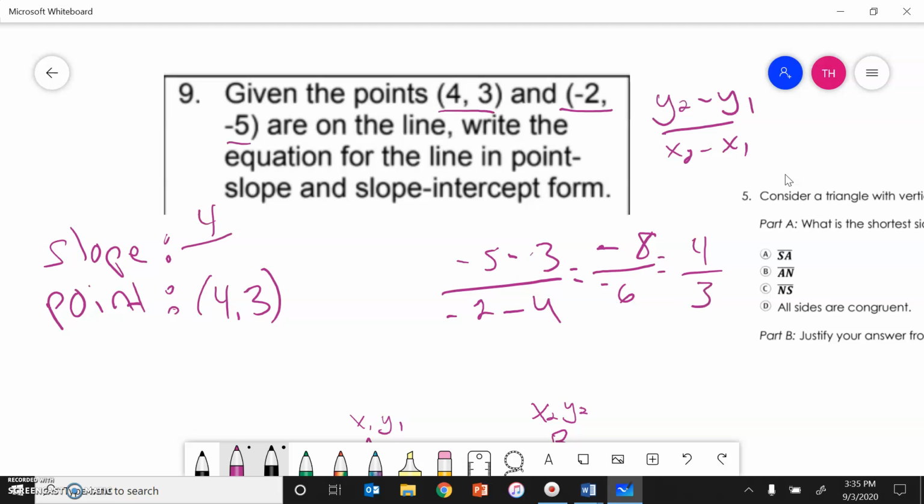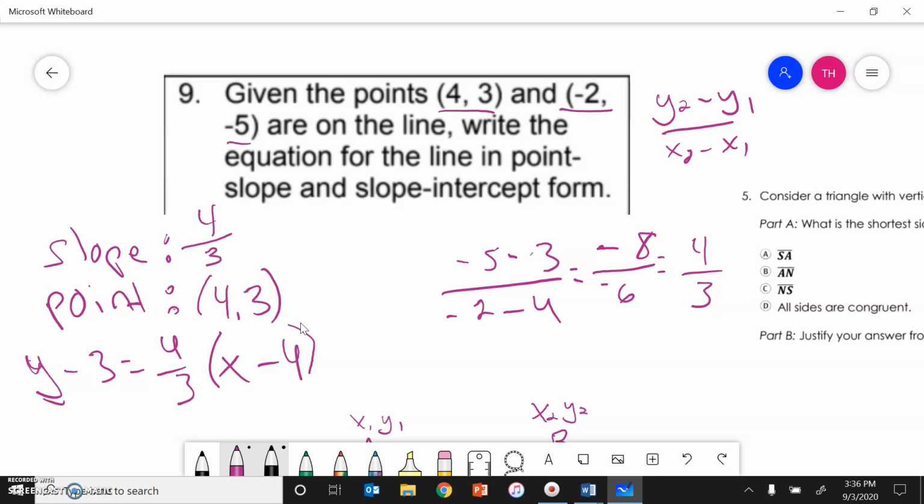So my slope is 4 over 3. So now, with that, I can write my equation. And then, so that is in point slope form.